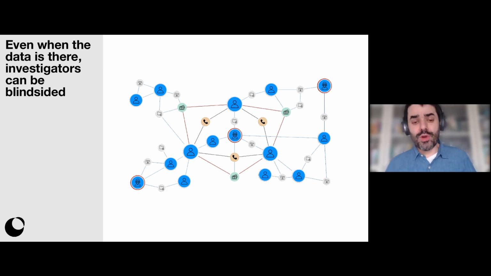But what if we bring more data sources to the equation? What if we go deeper than the first level relationships of each person, and we start really analyzing the indirect connections with information that's scattered across different tools, different tabs? The investigators very quickly risk wasting their time or missing critical cues, and that's really a big challenge.